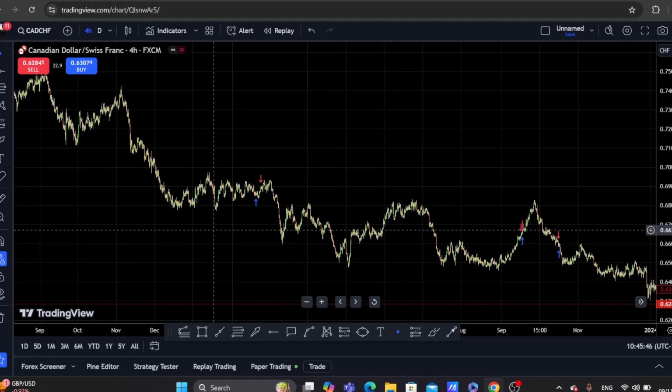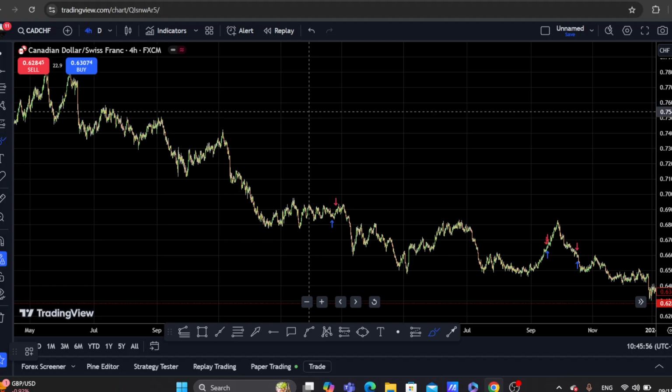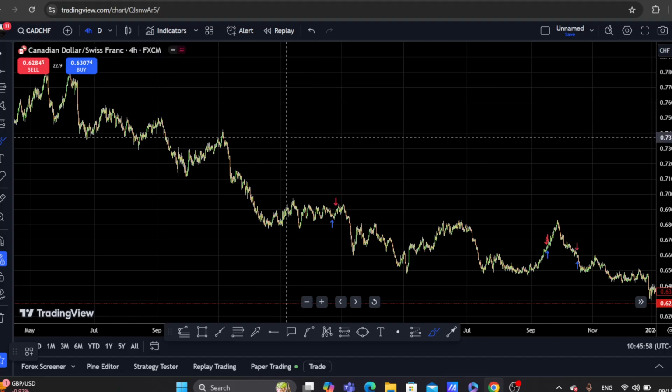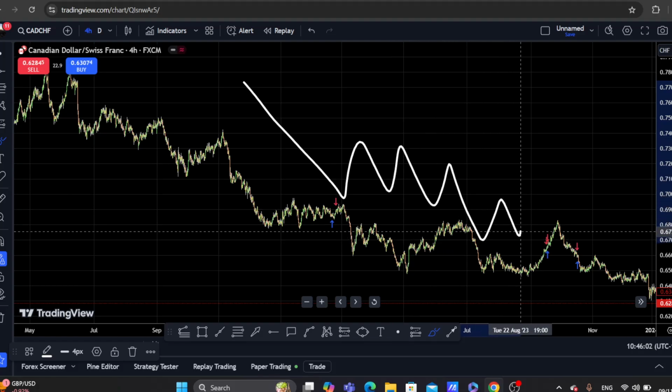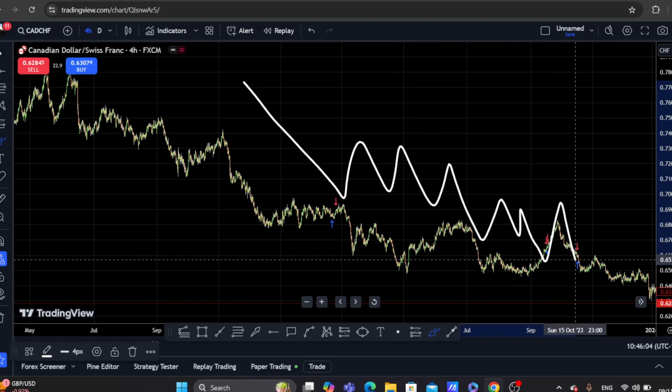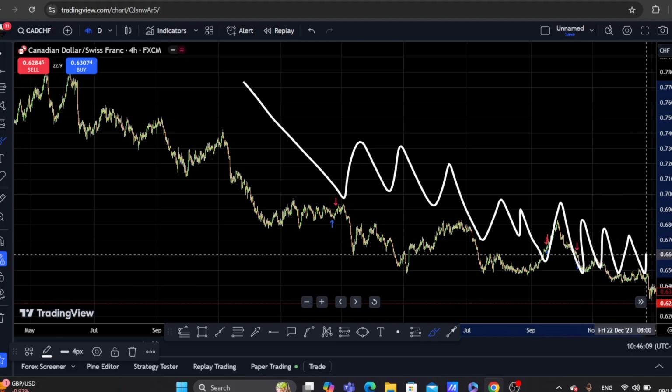In my experience, if the market is moving up or down, it gets to a point where the market will consolidate. For example, if we're moving down, it gets to a point where the market will start consolidating, so moving sideways.